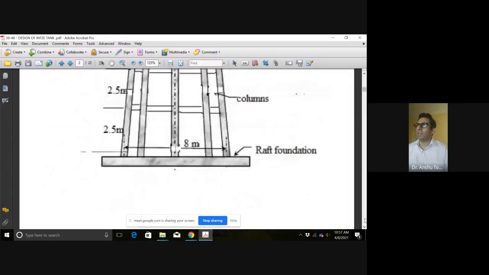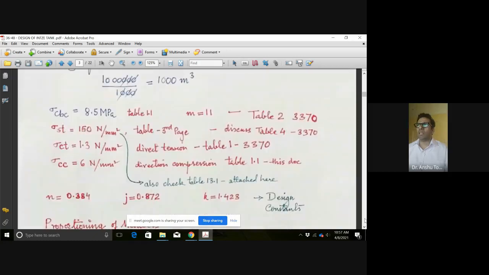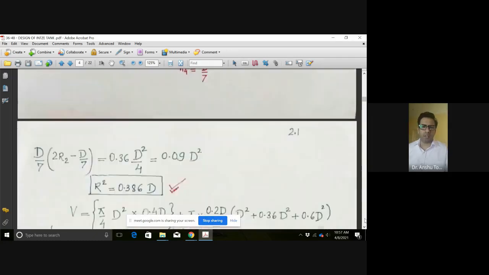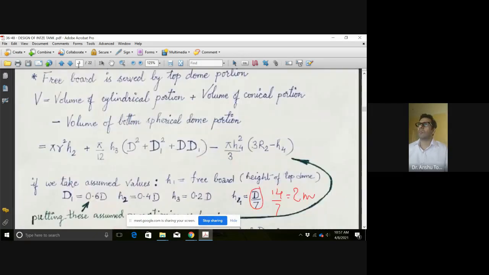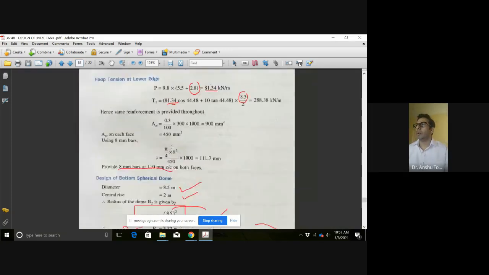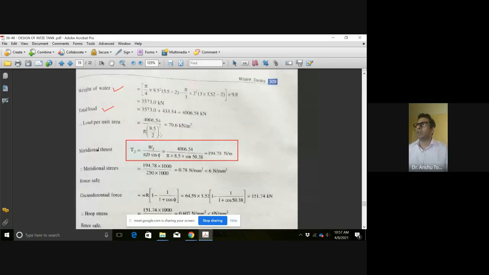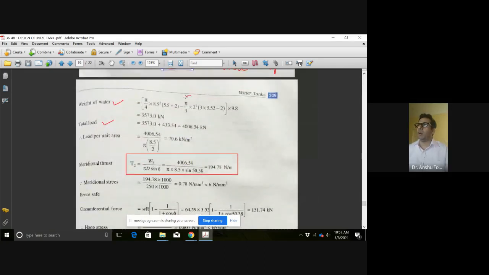Subtracting this, we will get the volume responsible for any kind of stress onto the surface of the dome. So that is why, subtracting this particular volume, we will get 3573.0 kilonewton as the total weight of water.